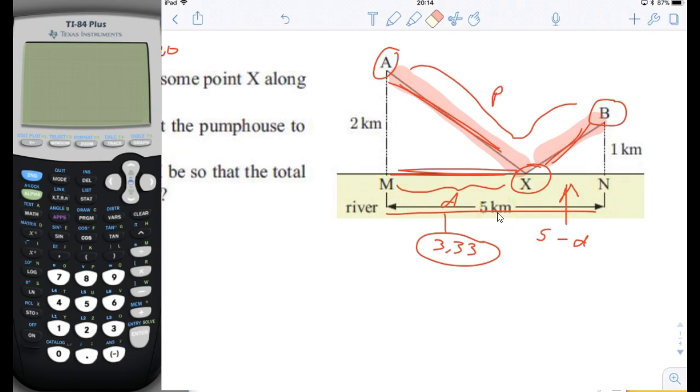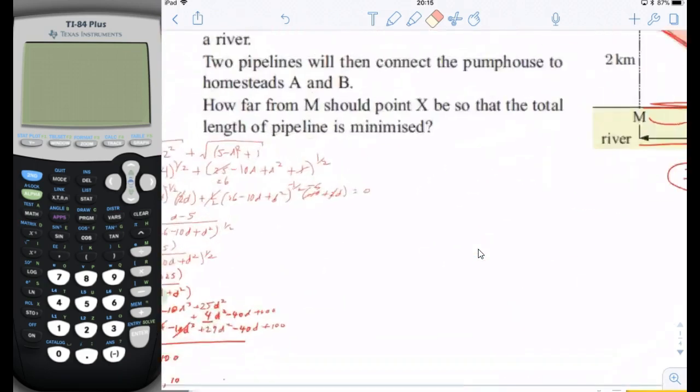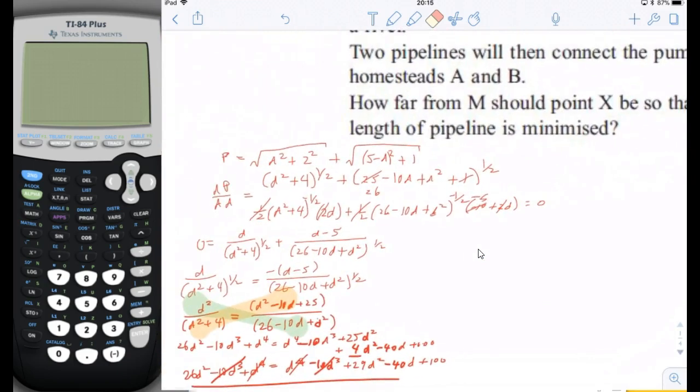Okay. Now it's a pretty big challenge to prove that 3.33 is a minimum instead of a maximum, because as you can see, it was already pretty difficult to work with the expression for dP/dd, which is basically this expression here, right?